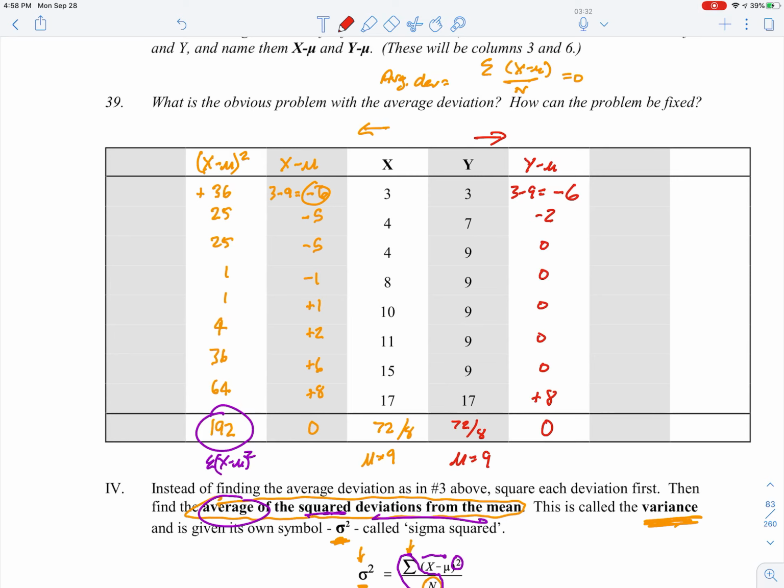It'll always happen that way. But we're going to square them. So let's take minus 6 and square that. We'll get 36. Minus 2 squared is 4. 0 squared is 0. And 8 squared is 64. Add those up and you get 104.